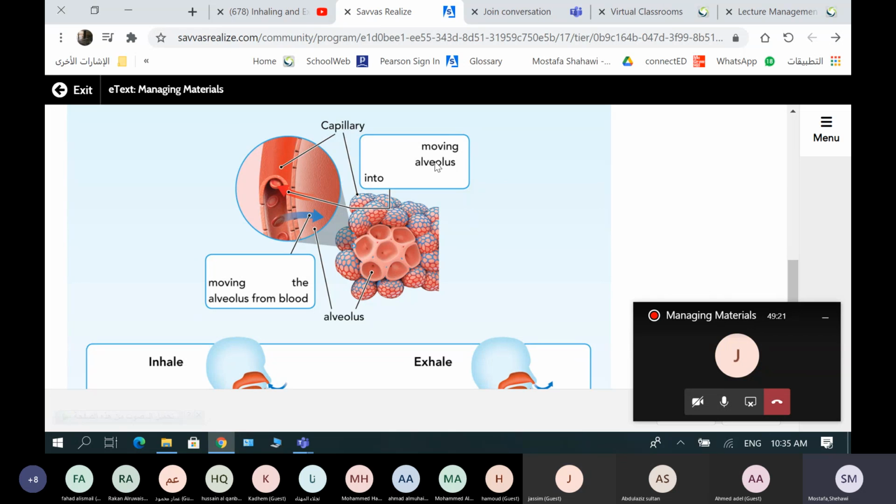Here is the opposite. Carbon dioxide moving from the blood into the alveolus. So we have two opposite processes. This one represents oxygen moving out of the alveolus to the capillary or bloodstream, and here is the opposite, carbon dioxide leaving the bloodstream to the alveolus. The exchange of gas. Thank you guys for listening, and see you tomorrow, inshallah.